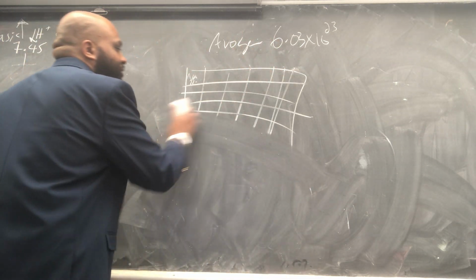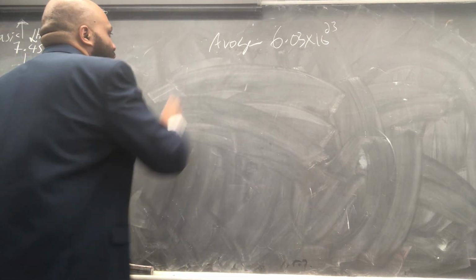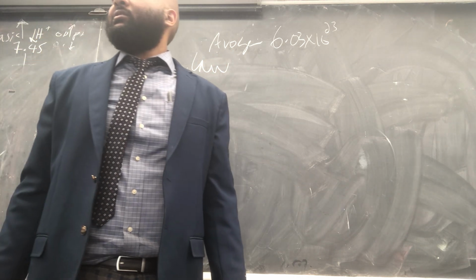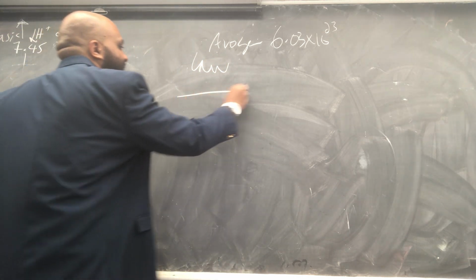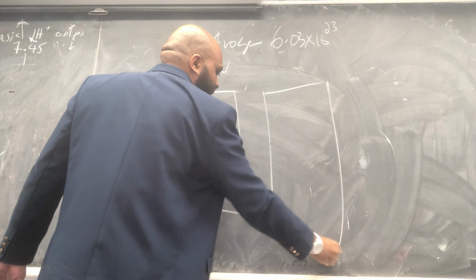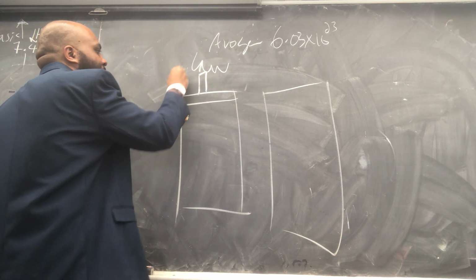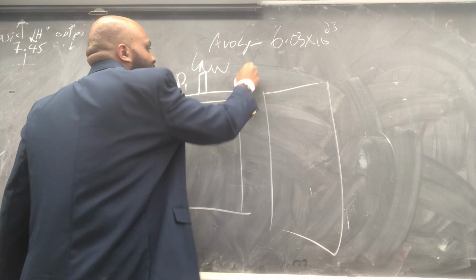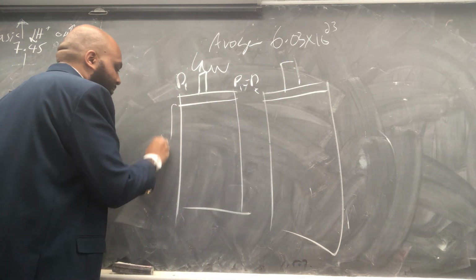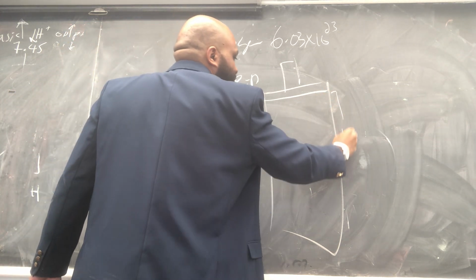Then I posted for you a game show question: what is Avogadro's law? Avogadro's law says if we have two chambers and we put the piston to make the pressure in chamber 1 equal to the pressure in chamber 2, then the volume of chamber 1 equals the volume of chamber 2.